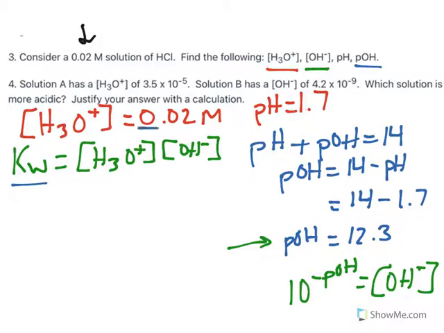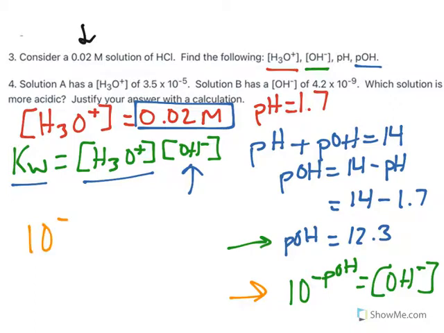You also know the hydronium concentration because we already solved for it. So you could plug that in here and solve for OH. That's the second option for finding the OH concentration. That sounds entirely too laborious to me, so I'm going to use this option right here. 10 to the negative pOH, which is 12.3, is going to equal our hydroxide concentration.